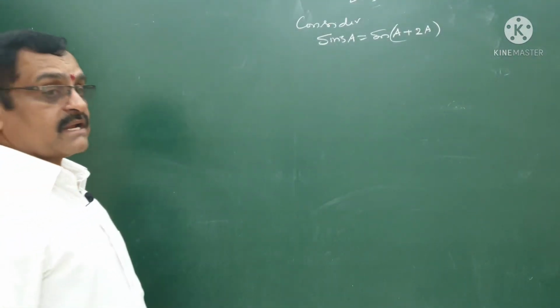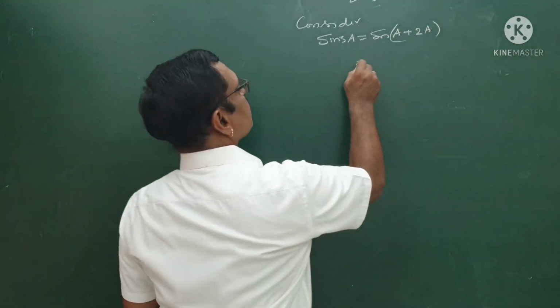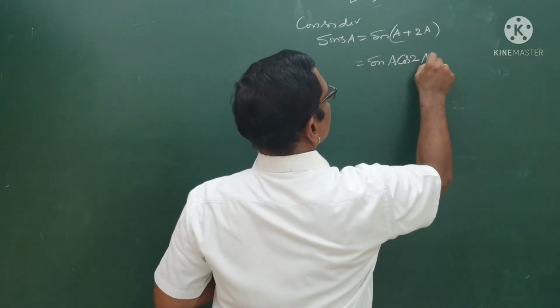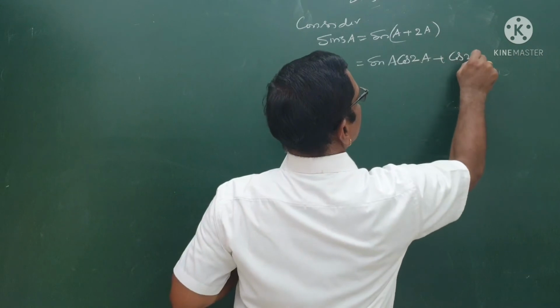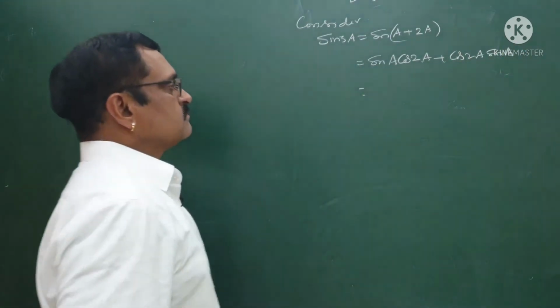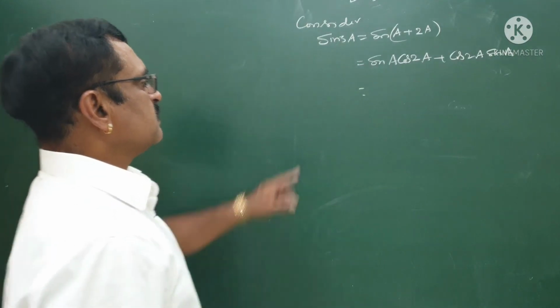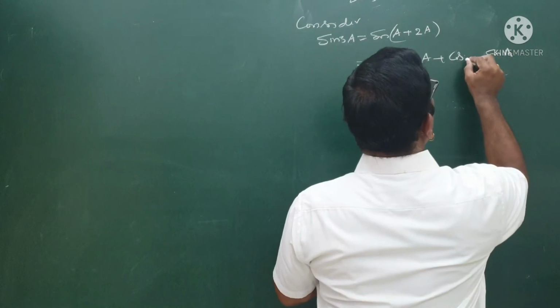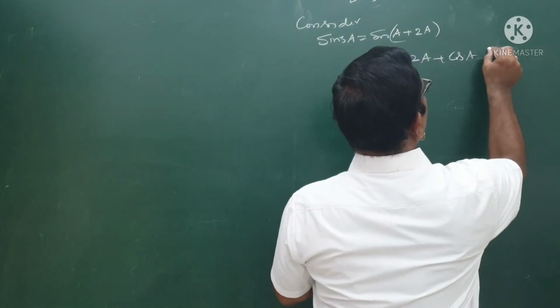Now open the bracket by using compound angle formula. That is sin A cos 2A plus cos A sin 2A.